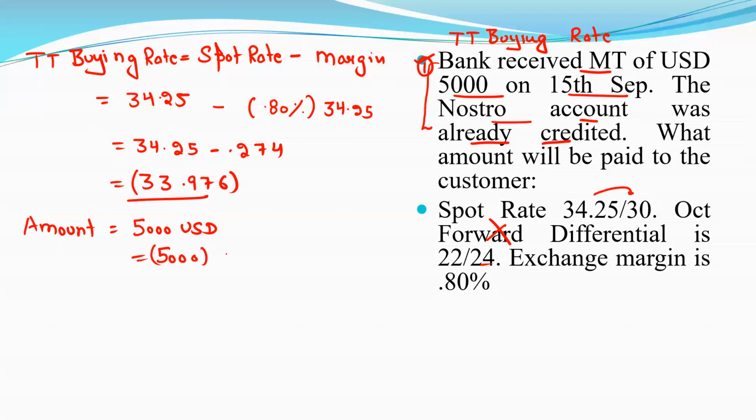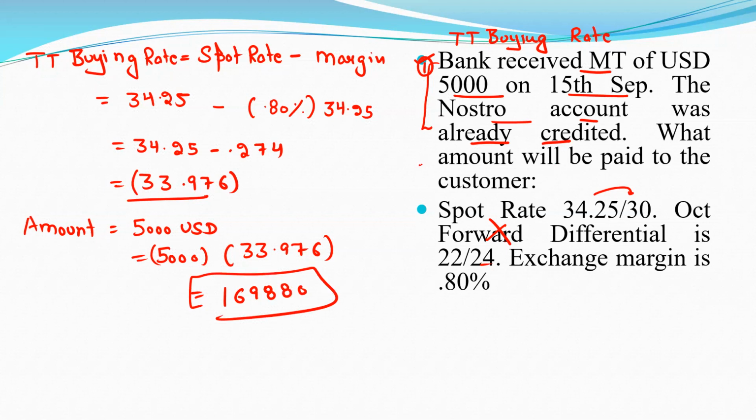So 5,000 into 33.976 comes out to be 169,880. So this much amount we have to pay to the customer.